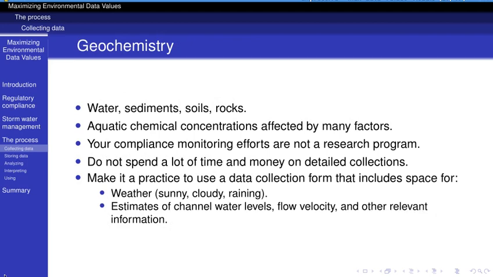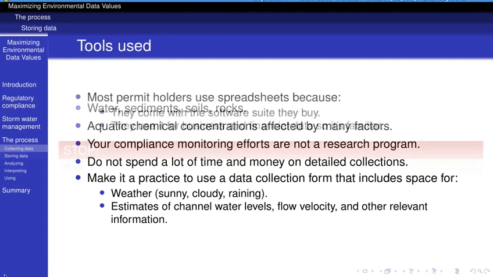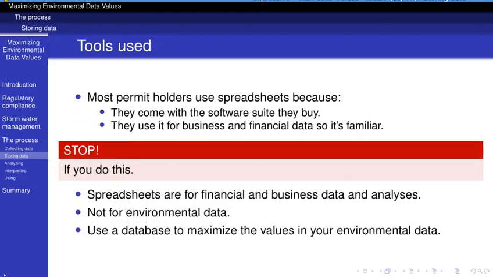Geochemistry is more than rocks. It's also the chemistry of surface and groundwaters, sediments, and soils. Stormwater regulations focus on surface waters, while water quality is affected by the chemistry of the other media too. Many factors affect the concentration of pollutants in water.